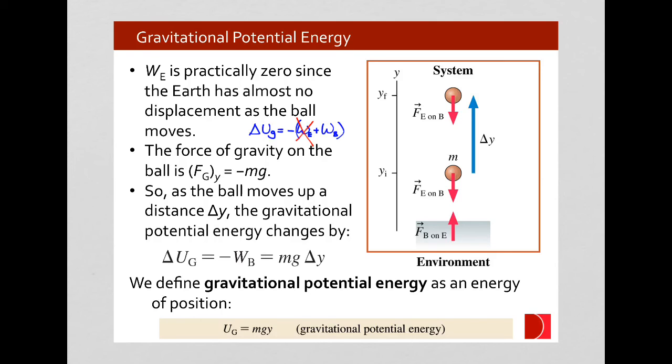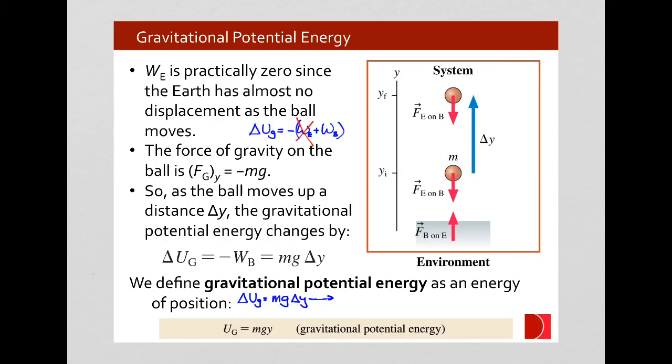And in this case, we can finally distinguish. We've been talking about a change in gravitational energy, which is equal to the force times the distance, essentially, since gravity is a constant force. But we can also break this up.